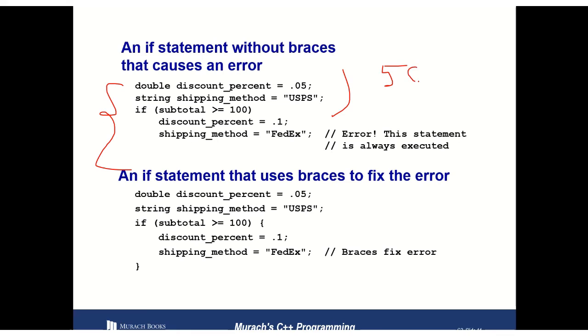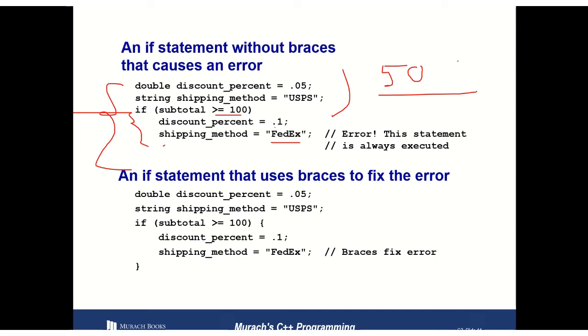What is your expectation? If you think the entire block is subject to the if statement, then you would say you won't see FedEx as your shipping method, right? But that's wrong because you don't have any curly brace wrapping up the limits of the if statement. So here, you are getting a discount percent of 10% if it is greater than or equal to 100, but the shipping method is applied regardless.